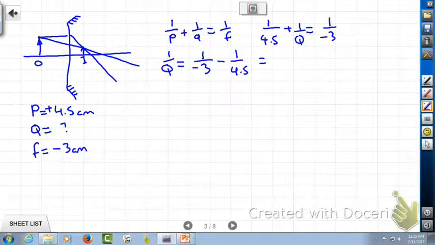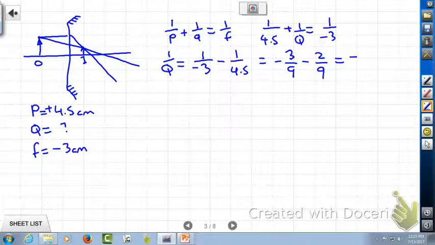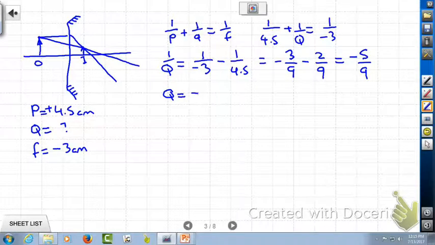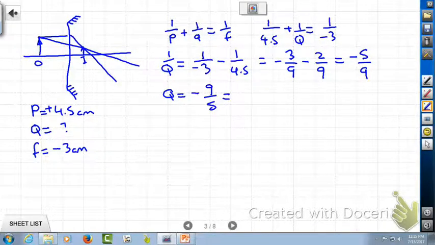So let's make this common base a 9. So that would be 3 over 9 minus 2 over 9, which equals minus 5 over 9. I think I did that right. So that means Q is equal to minus 9 over 5, which equals, I think, minus 1.8.